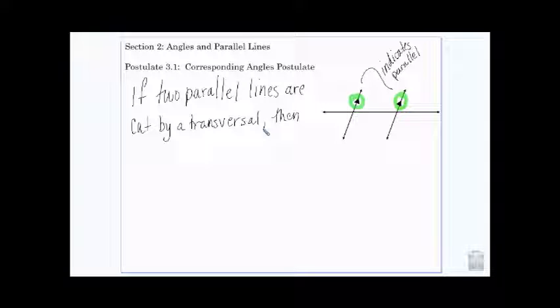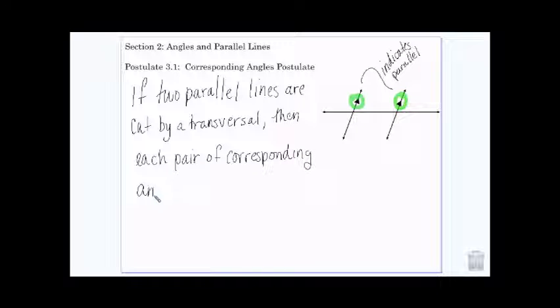So we have two parallel lines that are cut by a transversal. Then each pair of corresponding angles are going to be congruent.